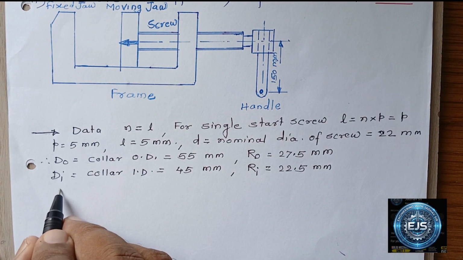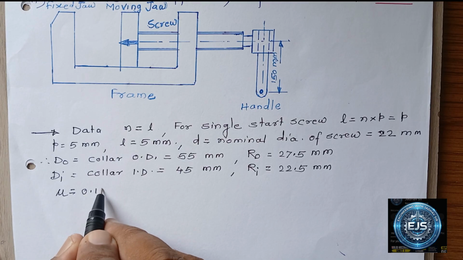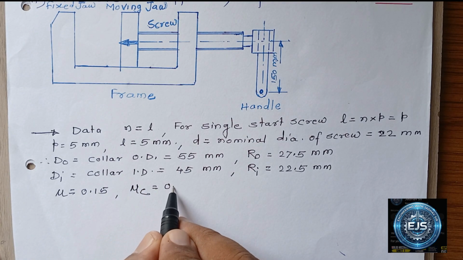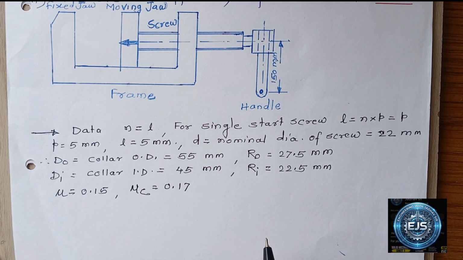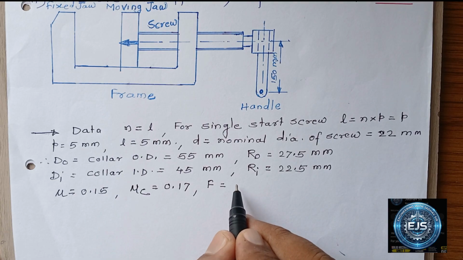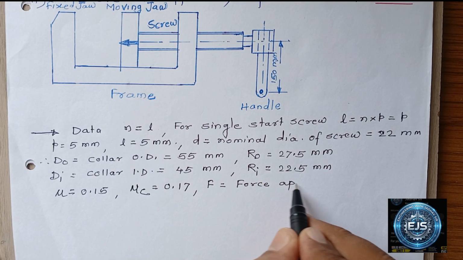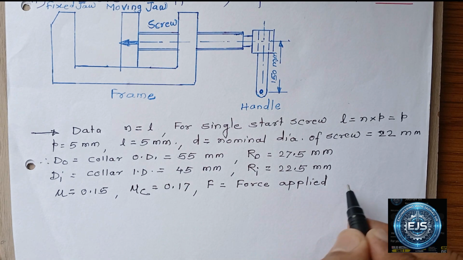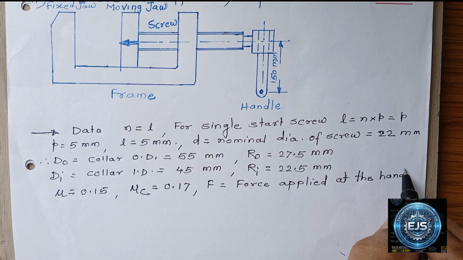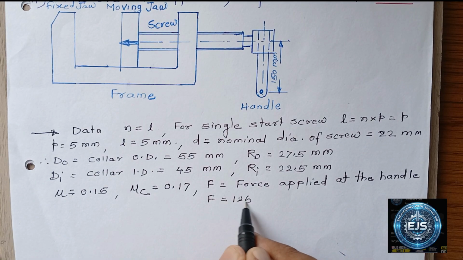Now the coefficient of friction between the threads of the screw and nut is given as 0.15, and the coefficient of collar friction, mu c, is 0.17. The machinist can exert a force F, the force applied on the handle by the machinist, and that force F is equal to 125 Newton.